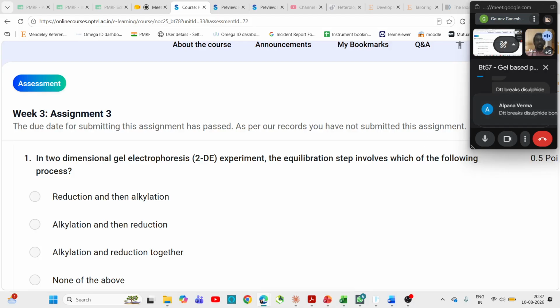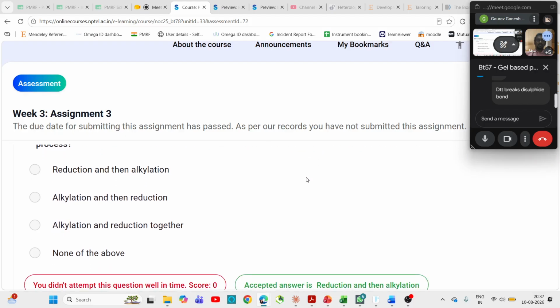Yep, it breaks disulfide bonds and iodoacetamide does what?